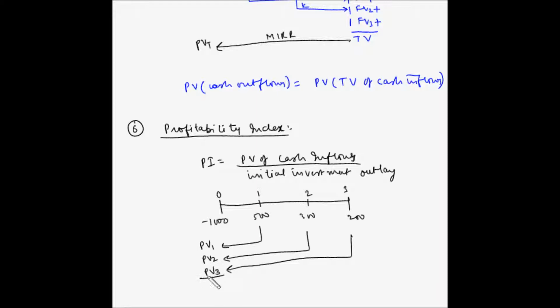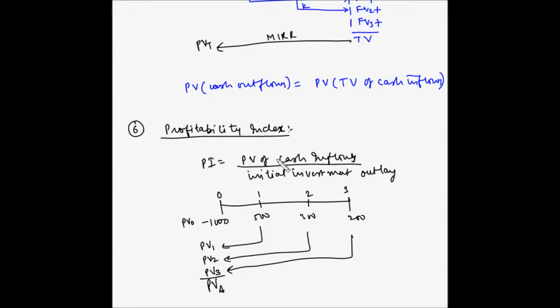So let's say these total up to PVA. So this is the present value of cash inflows. And then the initial investment outlay is this. Let's say this is PV0. So basically, the profitability index will be equal to PVA divided by PV0. Note that in this formula, we are using initial investment outlay, so only the initial investment. Sometimes people also use average investment.